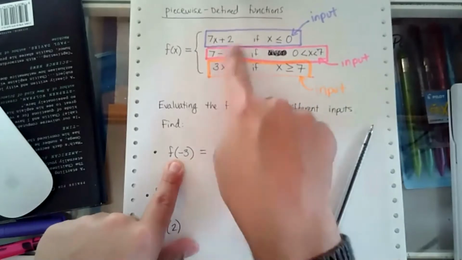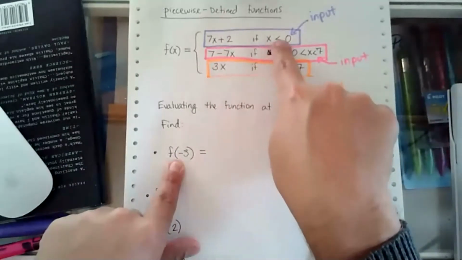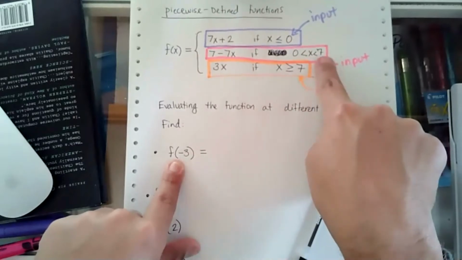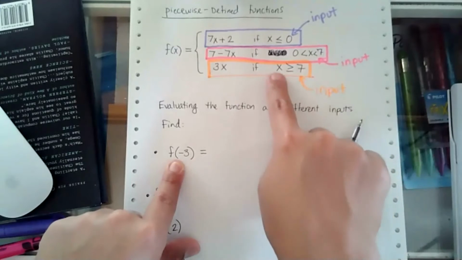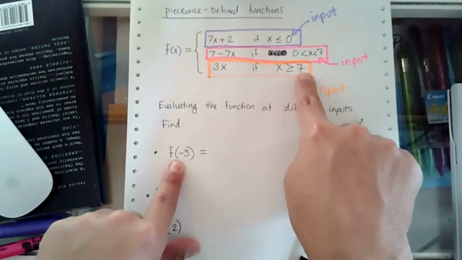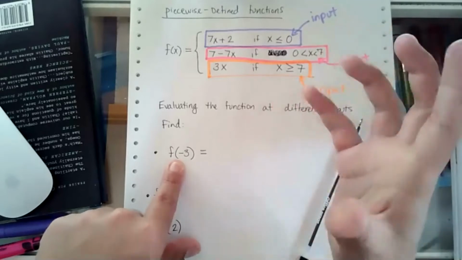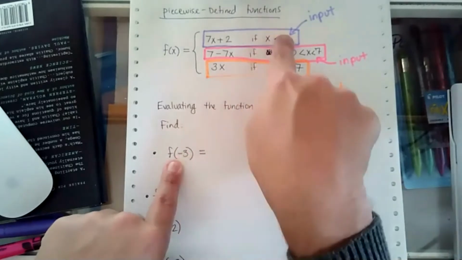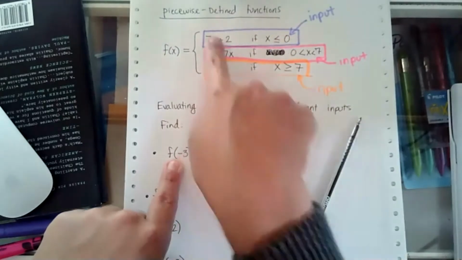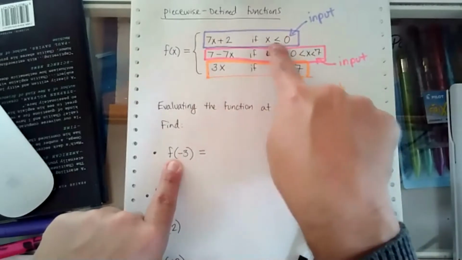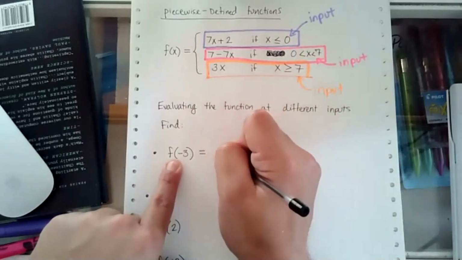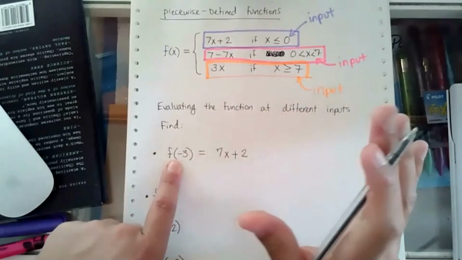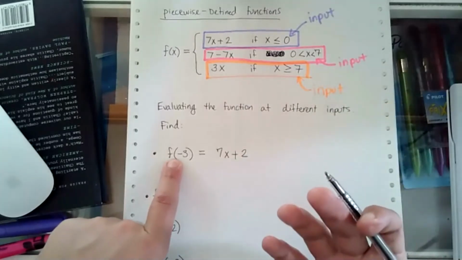The first one? The first one. Because -3 is less than or equal to 0. -3 does not belong between 0 and 7, not on the number line, nor is it greater than or equal to 7. So a lot of moving parts here, right? It is very much like a machine. And we have to be able to trace, once you drop that coin into the jukebox, what song gets played. Okay, so if we know that that first song gets played, since -3 is less than 0, then what you can do is just write 7x plus 2 here, just as a warm-up, to get you started, so that you choose the correct equation.